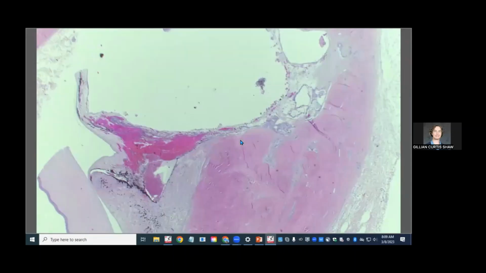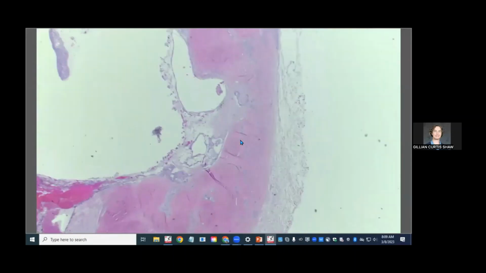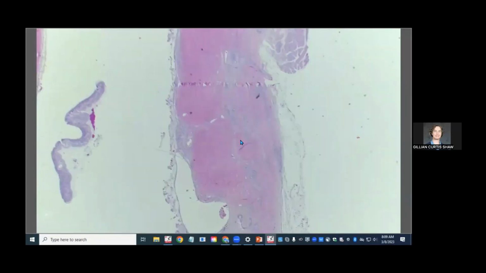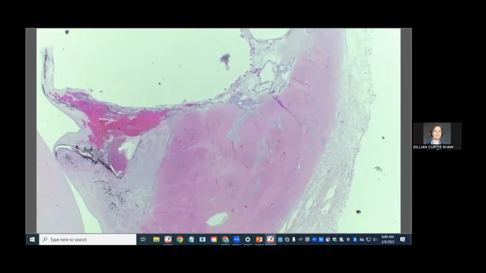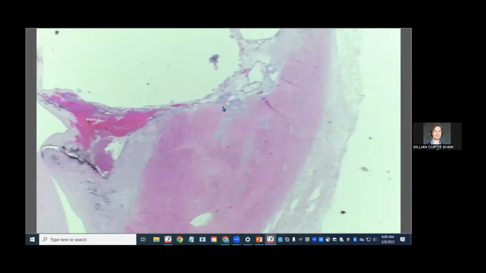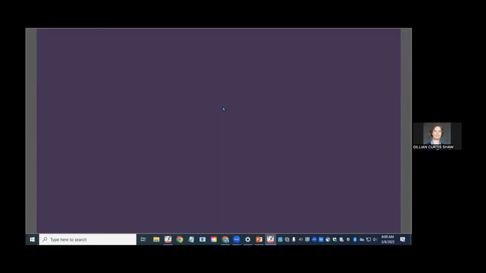So as I said, there was this defect in the limbal sclera. Also, the ciliary body is completely not identifiable here. We have iris here, and then the uvea just completely stops and goes away. And we have this limbal defect as well.